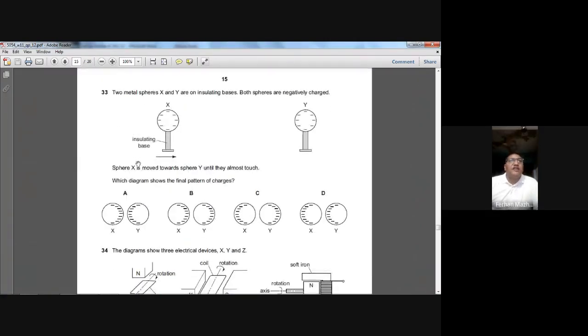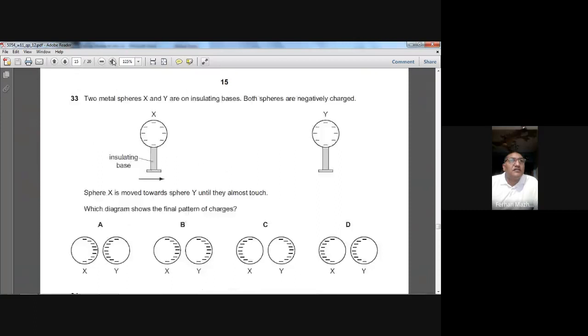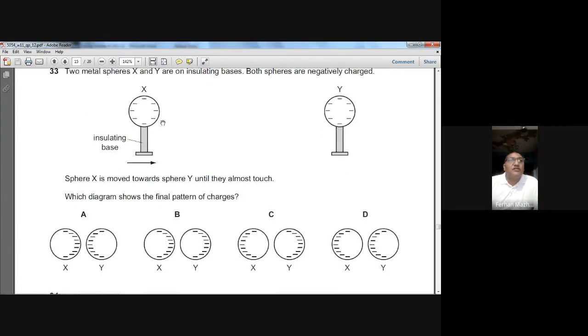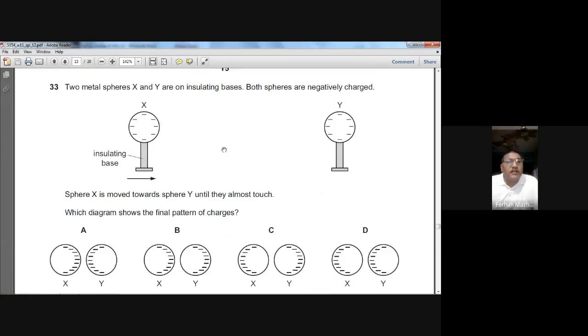Okay, on your screen we have question number 33. Two metal spheres X and Y are on insulating bases. Both spheres are negatively charged.